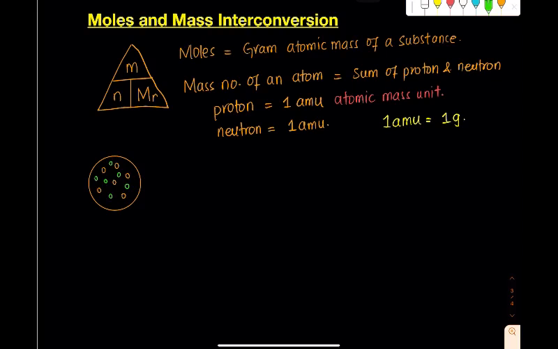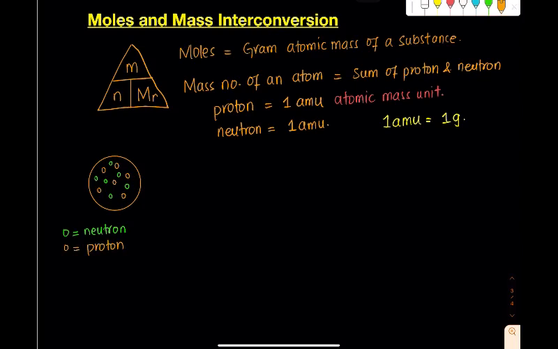The different colors represent different particles. Green represents a neutron, which is a neutral particle, and orange represents a proton, which is a positive particle.